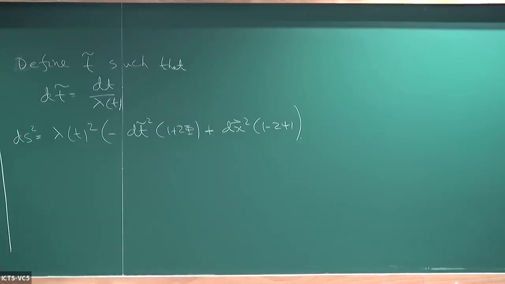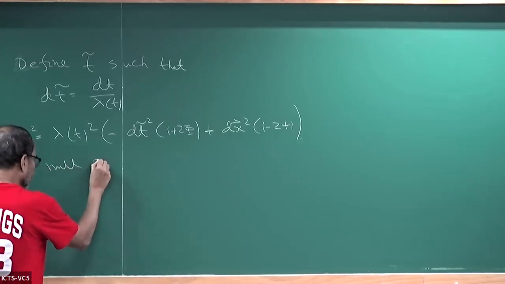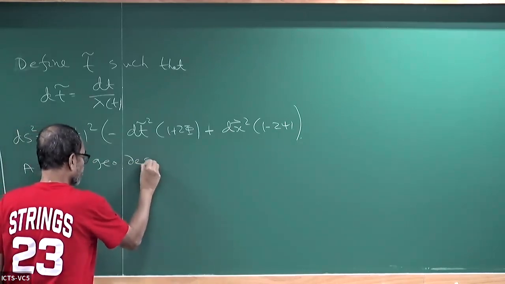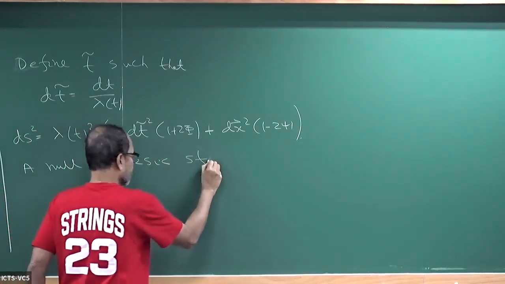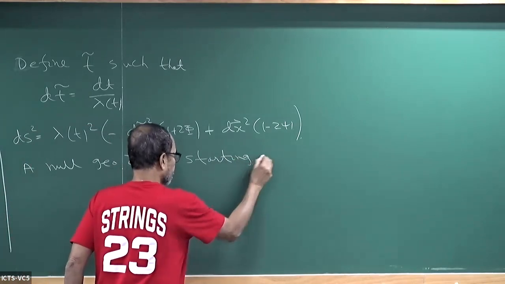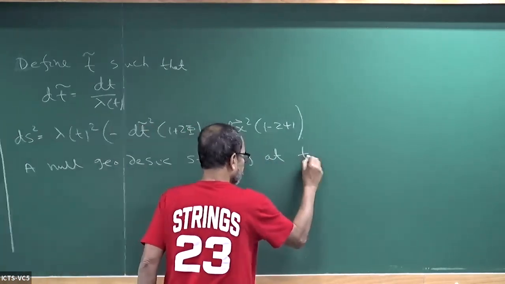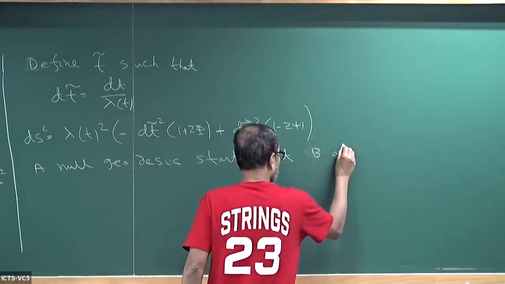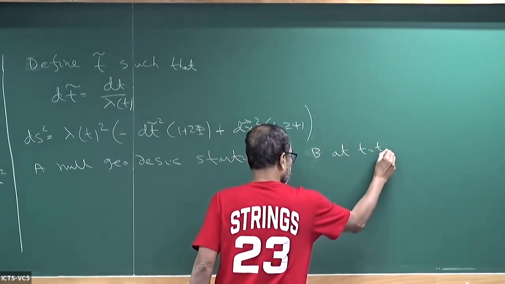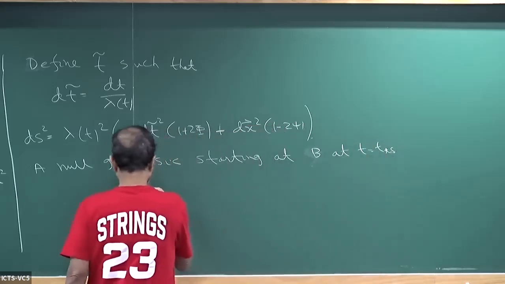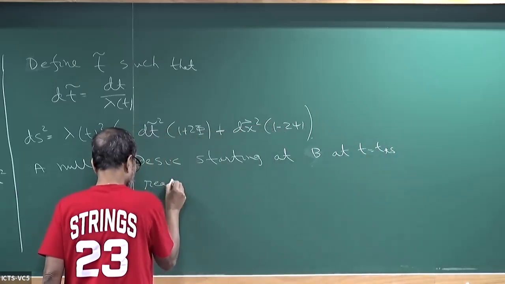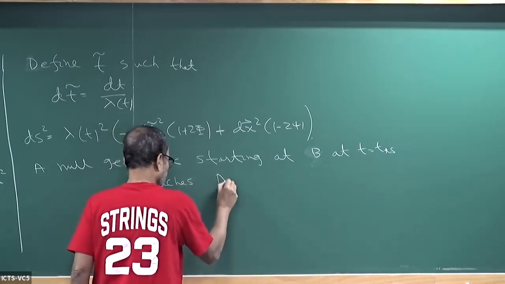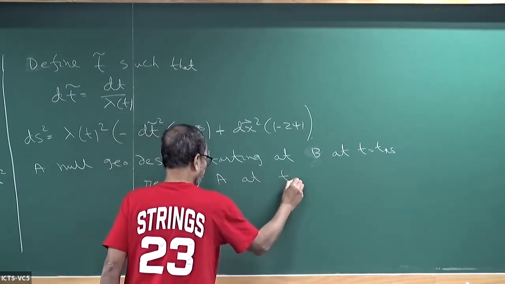Okay. So we suppose that we start a null geodesic starting at B at t equal to t_LS, reaches A at some time, say t naught.